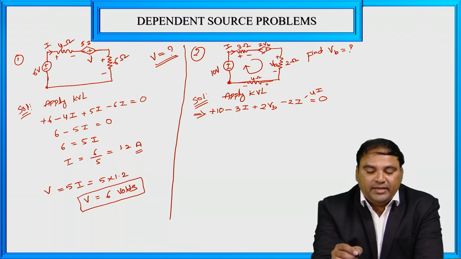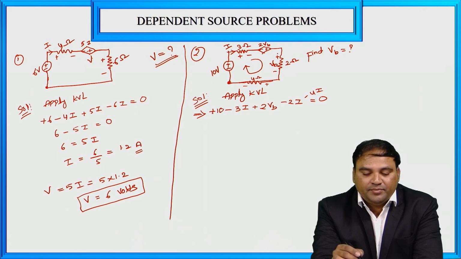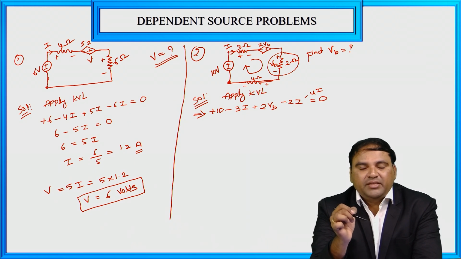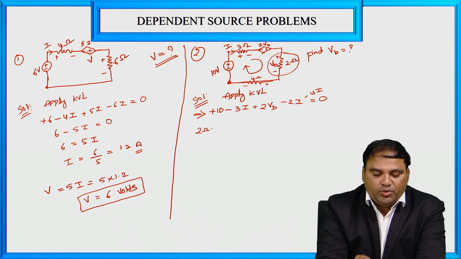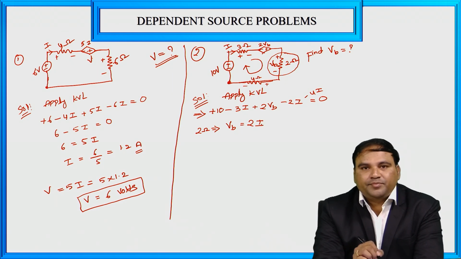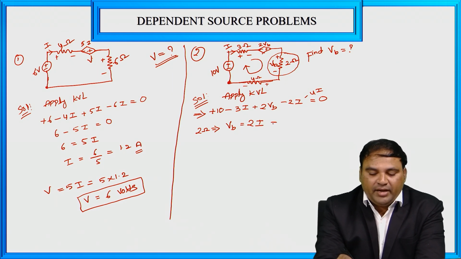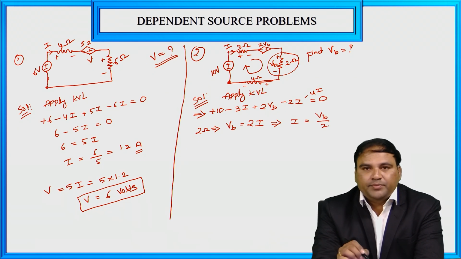Now you can see they have given one hint here. At 2 ohm VB is given, meaning the voltage drop at 2 ohm is VB. That means VB equal to 2 into I, where I equals VB divided by 2.